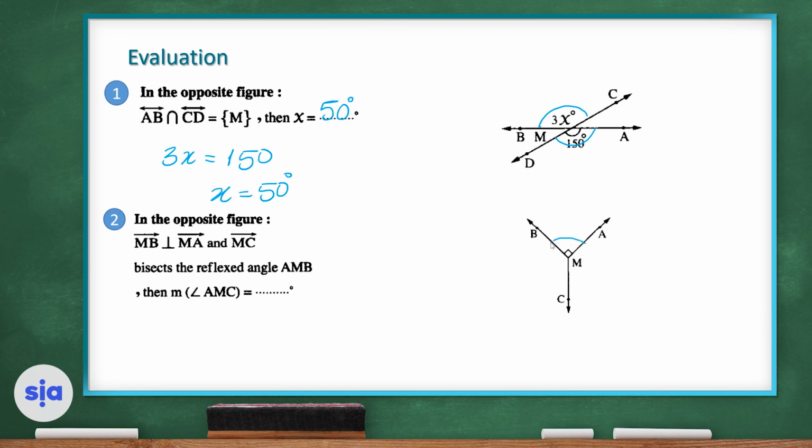As long as these three angles together have a sum of 360 degrees, and these two angles are equal to each other, then the measure of angle AMC equals 360 take away 90 degrees, so the answer is 270. You divide it by 2, so each angle is 135 degrees. So the measure of angle AMC is 135 degrees.